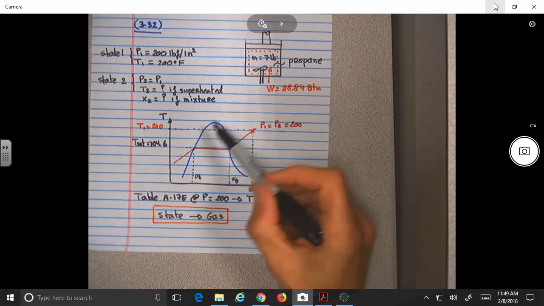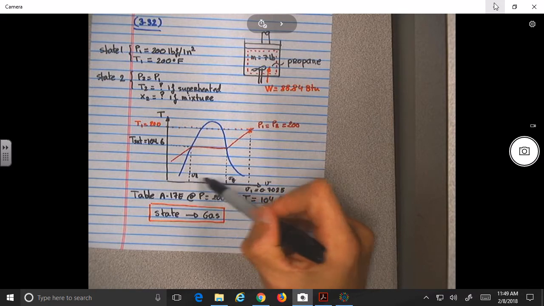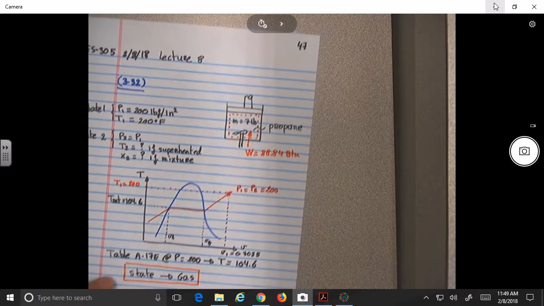We can find them from the table we used initially. So we find this value and this value from table A17E, I think.